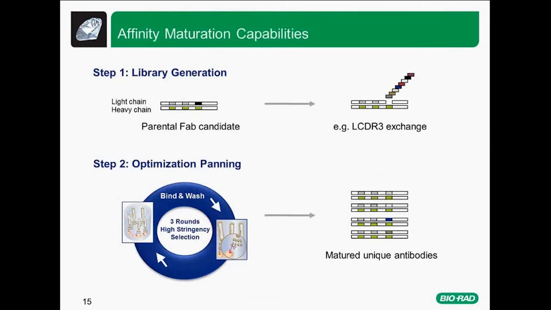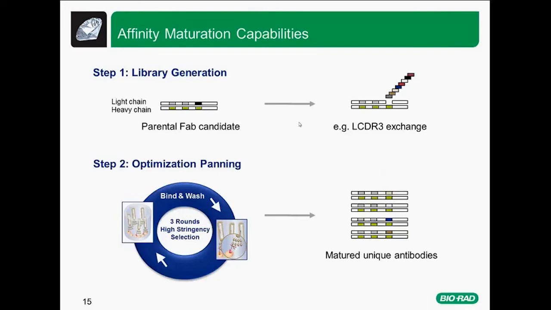Now, this doesn't need to be the end. As I mentioned in the beginning when I introduced you to the library, it's a modular design. So if the affinity is still not high enough, it's quite simple to improve the affinity by performing an affinity maturation. To do that, we exchange one of the CDRs, usually the LCDR3 or the HCDR2, with a highly diverse cassette that we have pre-made in the freezer.